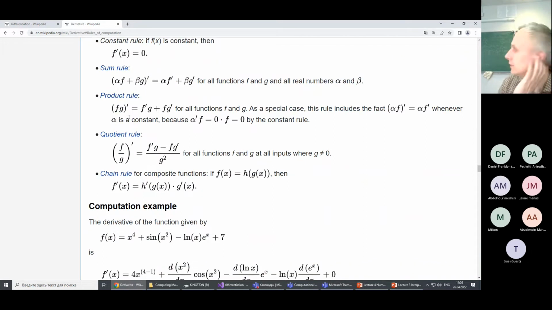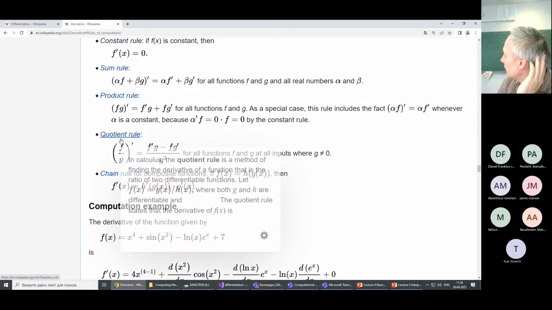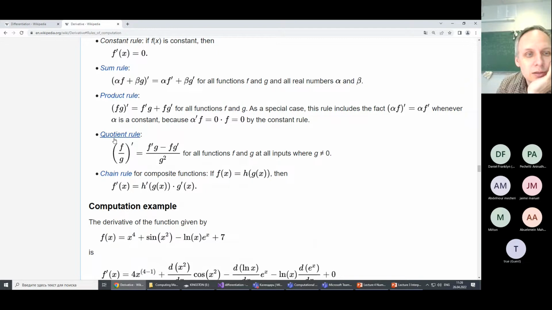Do you see it? Product rule and quotient rule. We use this rule: the derivative of f times g equals f prime times g plus f times g prime.